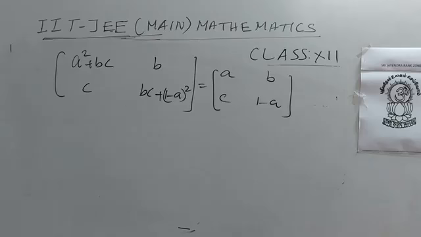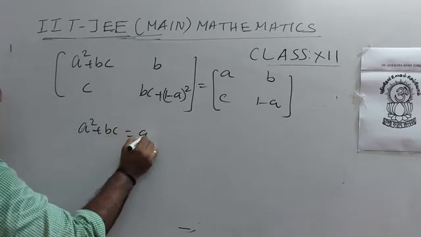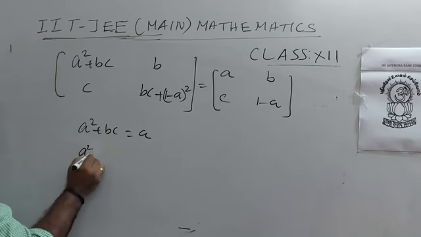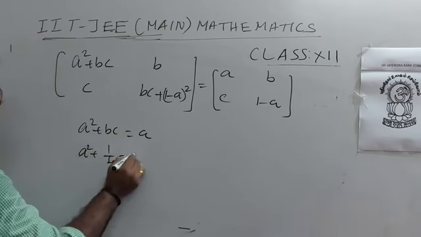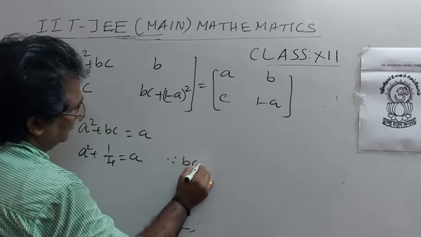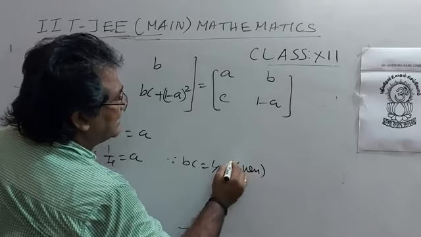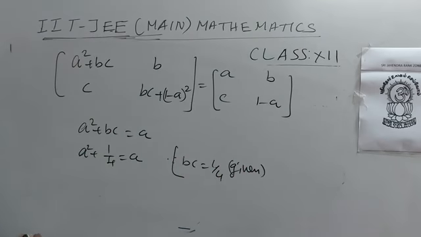So the corresponding elements are equal. A squared plus bc equals a. A squared plus 1 by 4 equals a, since bc equals 1 by 4, that is the given statement.